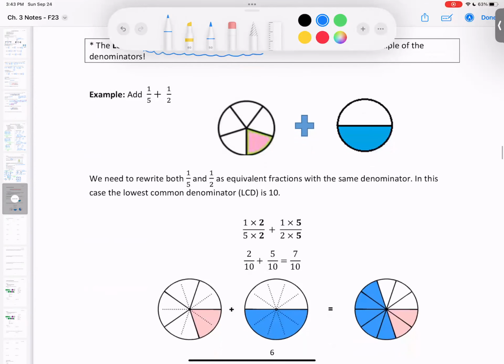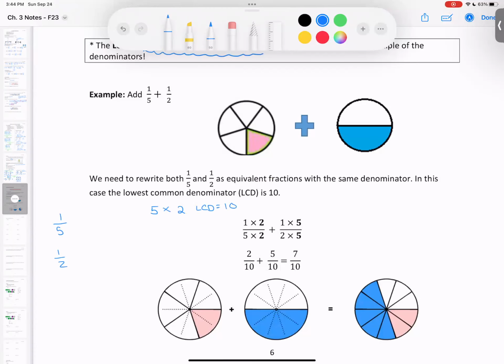So what we need to do is write them both as equivalent fractions, and I'm just going to do it on the side here. So we've got 1/5 and 1/2. We're going to find the common denominator or lowest common multiple of 5 and 2. Well, we said that if our two numbers are both prime like they are here, the LCM or LCD, since these are both denominators, is going to be the product of them.